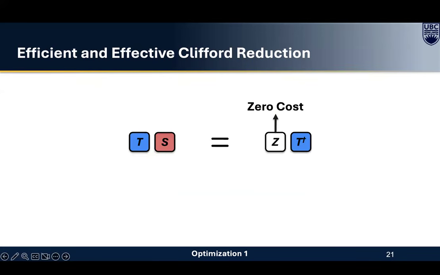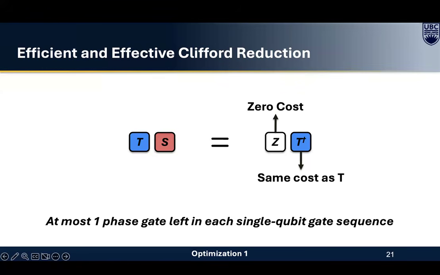So back to our gate pattern, the TS gate, once transformed to this, one of them is zero cost and the other has the same cost as T. So we effectively transform the costly Clifford phase gate into a zero cost Pauli gate. And from all the possibilities of the phase gate we discussed previously, we can conclude that there can be at most one phase gate left in each single qubit gate sequence.